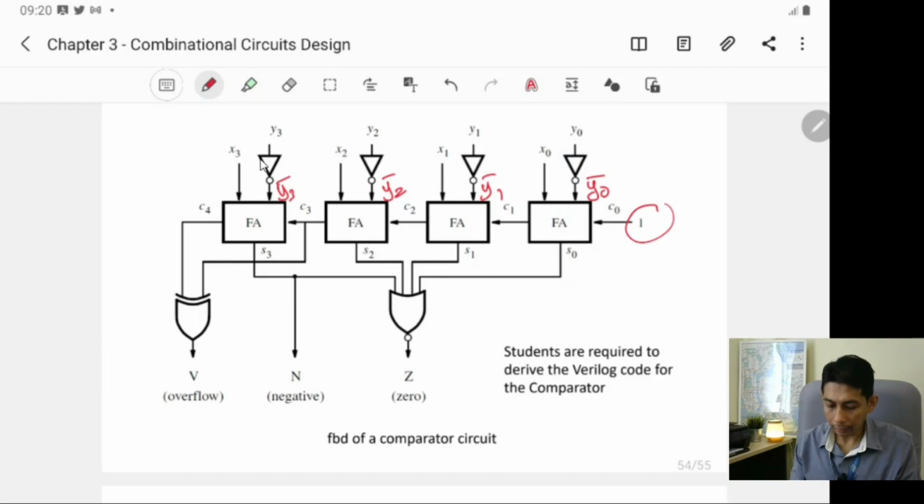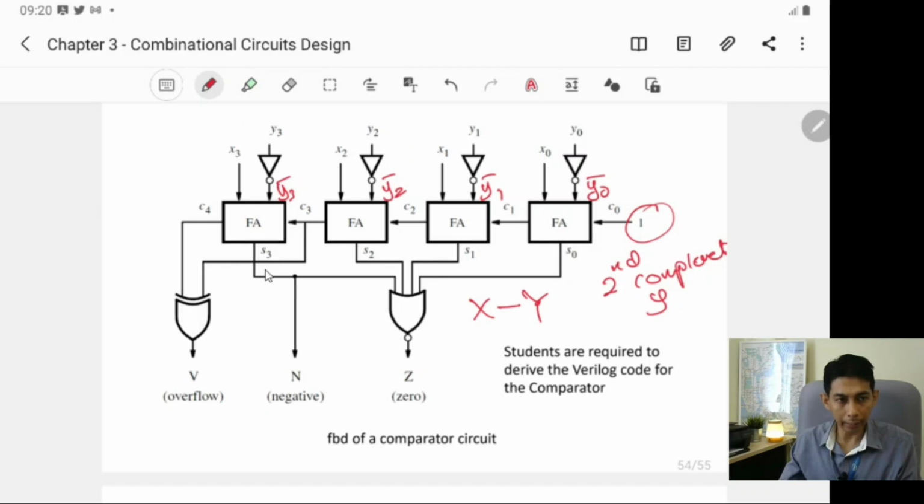And look at the input here, 1. So what do you have actually? You have the second complement of y, plus x. It means that the operation here is actually x minus y.